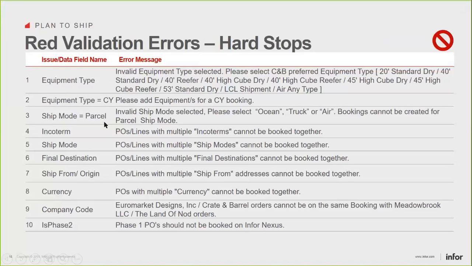For the ship mode, the valid ship mode should be ocean, truck, and air. So if another ship mode is selected, this error message will be displayed after validation. So go and correct the ship mode on the plan to ship. Then this error message will be removed.